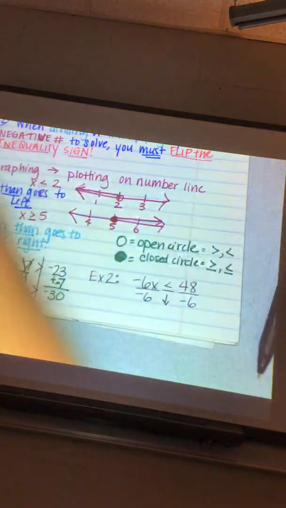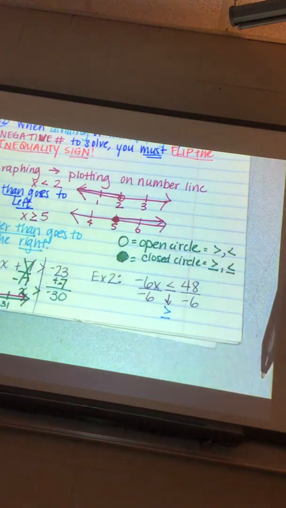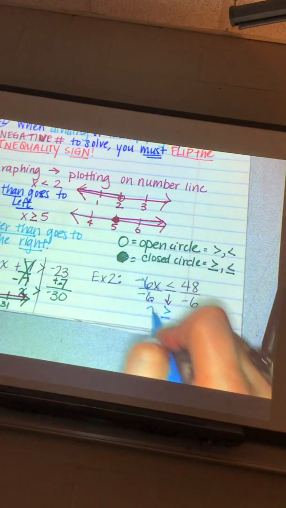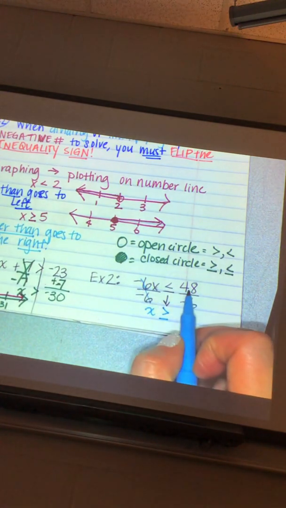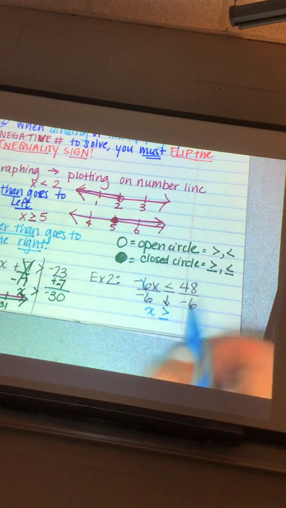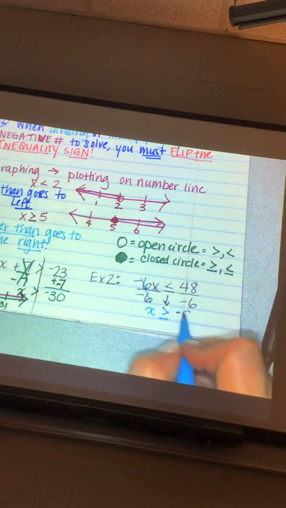Now, instead of less than or equal to, it is greater than or equal to. This ends up being just x because negative 6 over negative 6 cancels. And over here we have 48 divided by negative 6, which is a positive divided by a negative. It's going to leave us with a negative 8. So let's plot that on our number line.